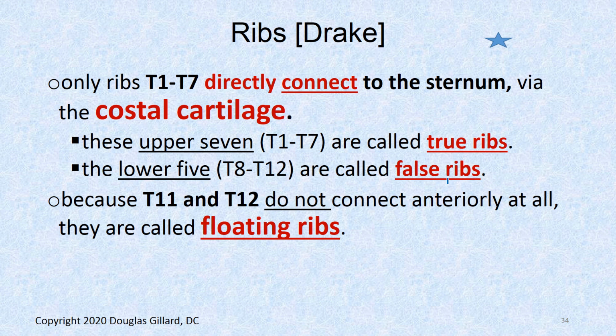There's no facet for you to connect to. But 11 and 12 get an even different classification because they don't connect to the transverse processes either. There's no transverse costal facet for them, so they're called floating ribs. So I should have put more stars here. This is really important. Got it?